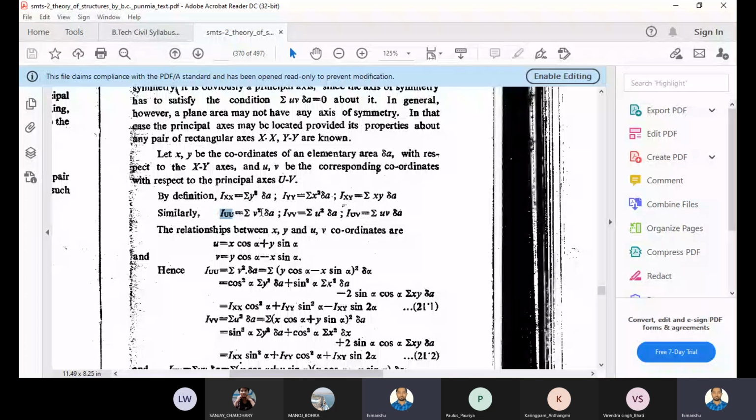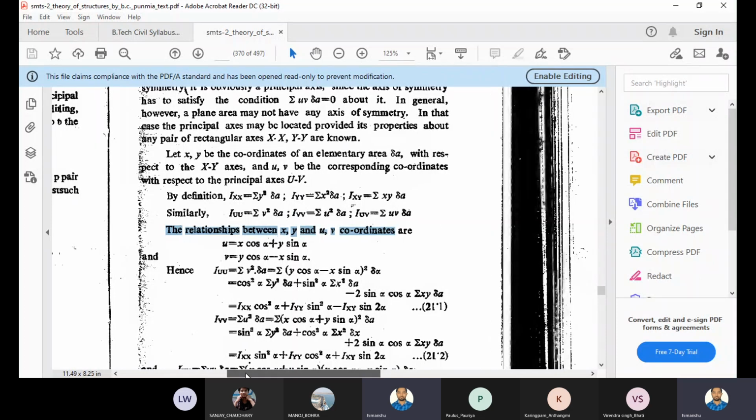So the relationship between the u, v coordinates and x and y is: u is equal to x cos alpha plus y sin alpha, and v is equal to y cos alpha minus x sin alpha.